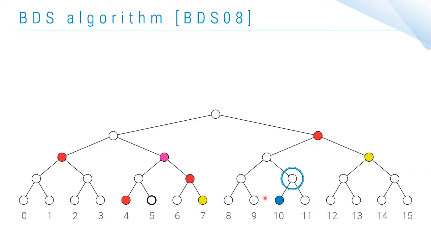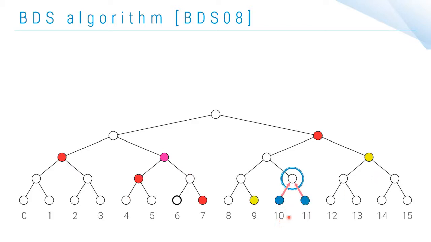But the BDS algorithm takes a strategy to generate right nodes little by little, step by step. The computation is divided into multiple steps. In this step, only this node is generated and kept in the state.